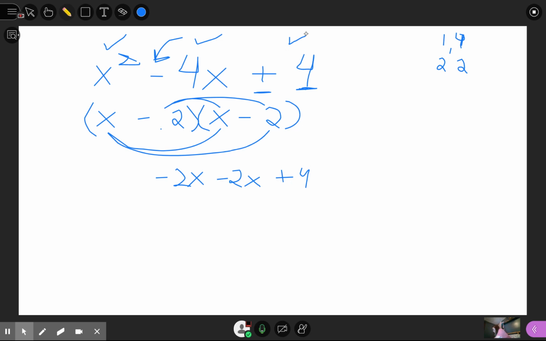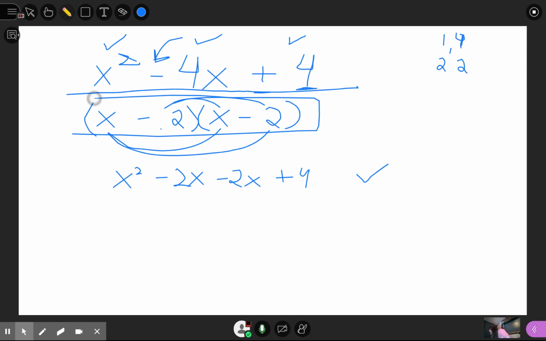So when you multiply everything out, you've got the same thing as what you started with, the x squared minus 4x plus 4. So it checked out to the same trinomial after you simplify it. This is the check here. The answer, the factored answer, is x minus 2 times x minus 2.